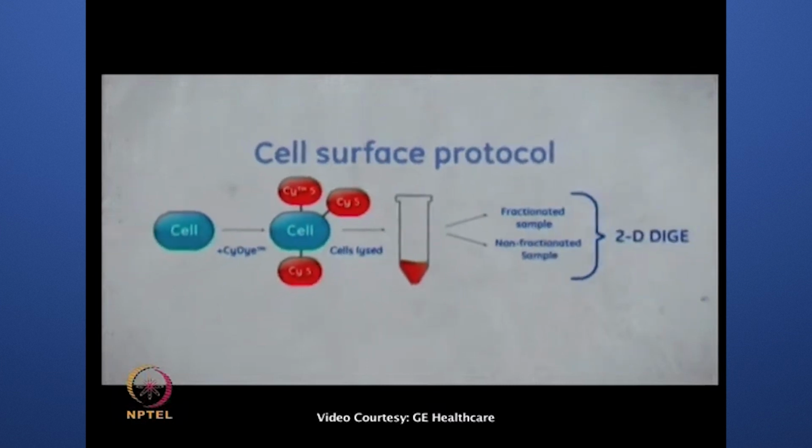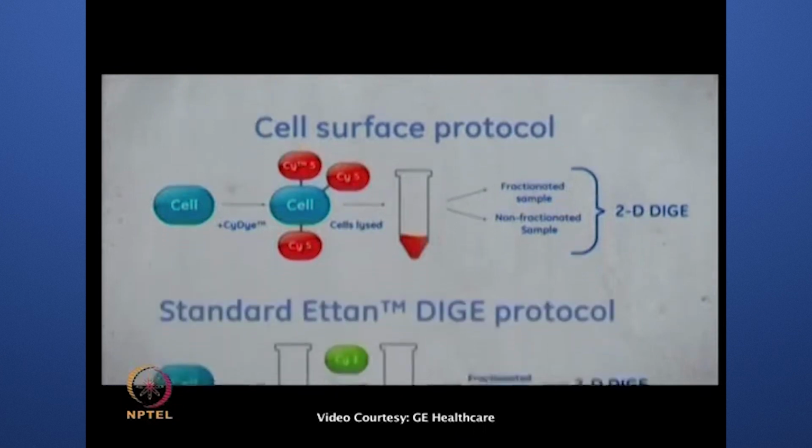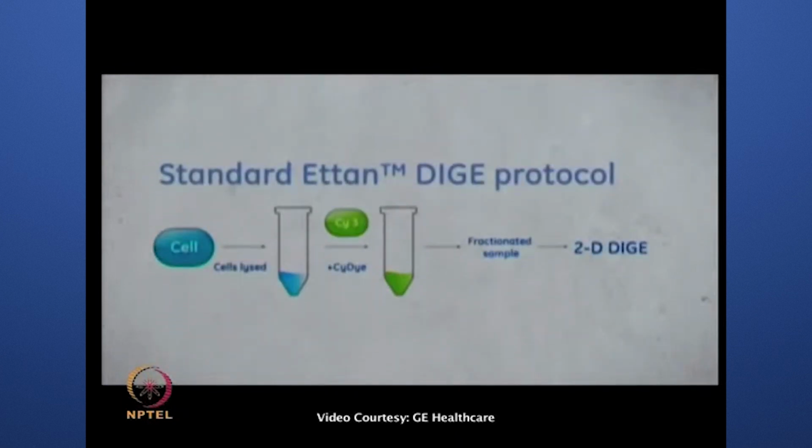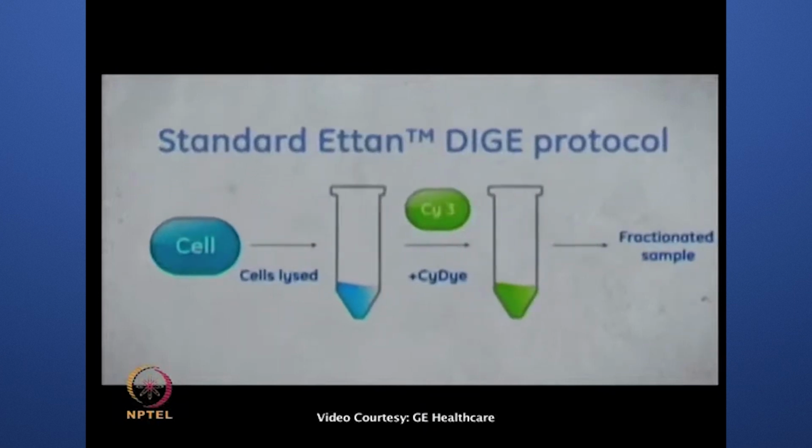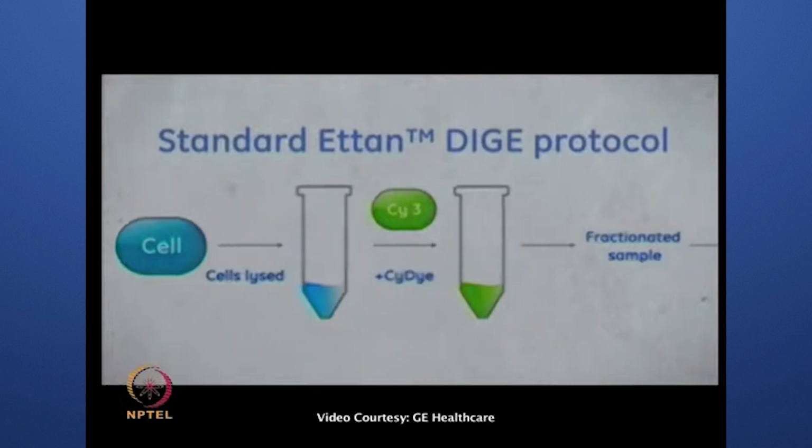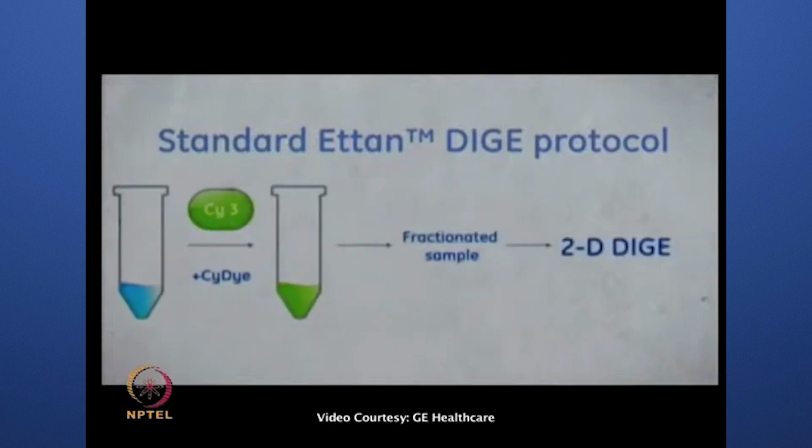This fractionation analysis is not necessary, but was done here just to show that the cell surface protocol is specific for cell surface proteins. We also performed the standard DIGE labeling protocol, seen below. The cells are lysed before labeling, and in this way all cellular proteins are accessible for labeling. After the labeling step, the samples are subjected to 2D electrophoresis.